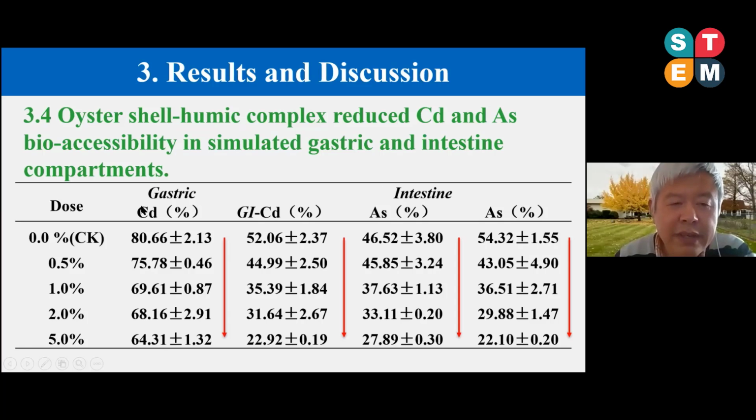So again, we add amendment into soil at different dosages. And then use the gastric or intestinal simulation solution, add the soil to the simulation solution, and extract how much of the cadmium and arsenic could be dissolved.